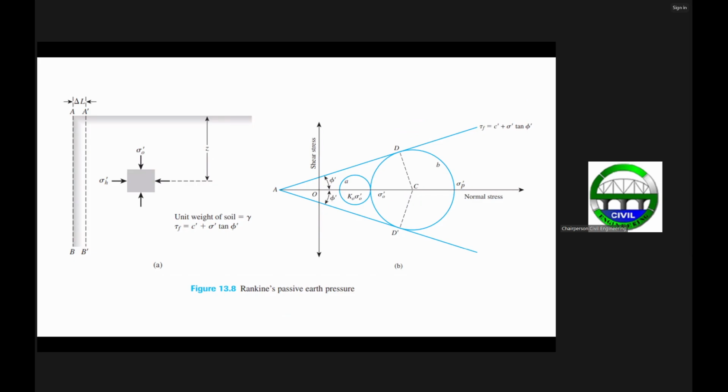So that's the difference. Then you now have your failure Mohr circle here, Mohr circle B, wherein you can now have your failure envelope.